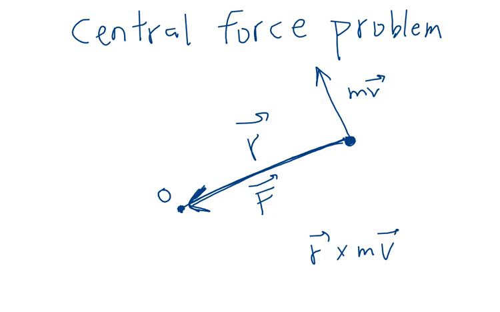But if I take this cross product of R cross mv now, and that object is being swung around a fixed point, then the angular momentum represents the tendency for that object to just keep spinning around that point.